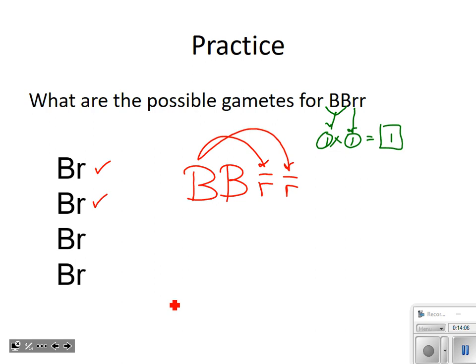B lowercase r. Okay? Inside. Capital B, lowercase r. Last. Capital B, lowercase r. So, based on FOIL, it gives us the same thing, doesn't it? Now, would you have needed to FOIL that to get those? Probably not. But if you would have FOILed it, you would have got that, right?